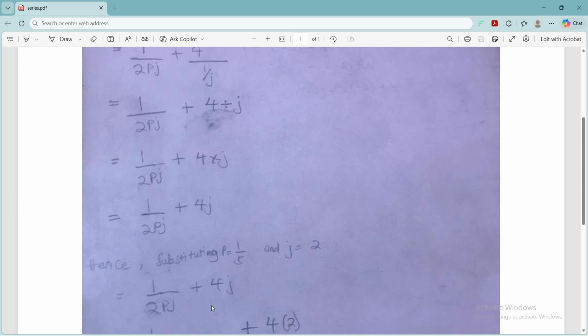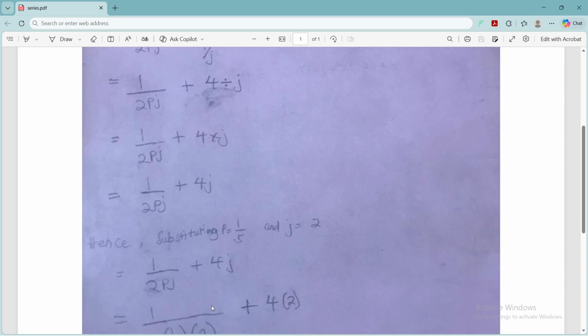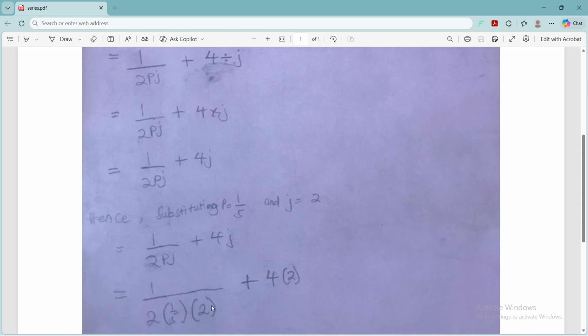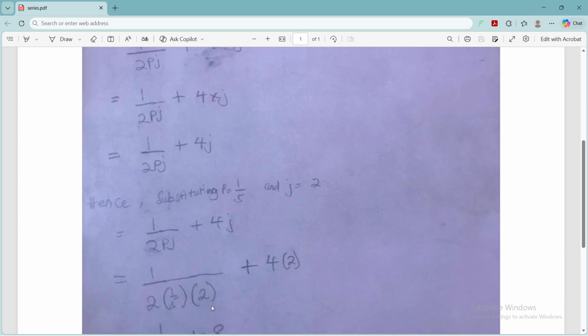In substituting our values, where p equals the fraction 1 over 5 and j equals 2, we are going to have the fraction 1 over 2 multiplying the fraction 1 over 5 multiplying 2 plus 4 multiplying 2, right? In simplifying further, we have 2 multiplying 1 over 5, right?